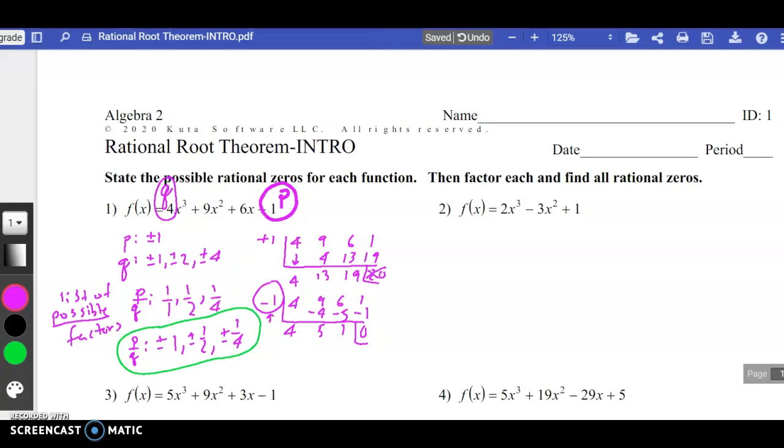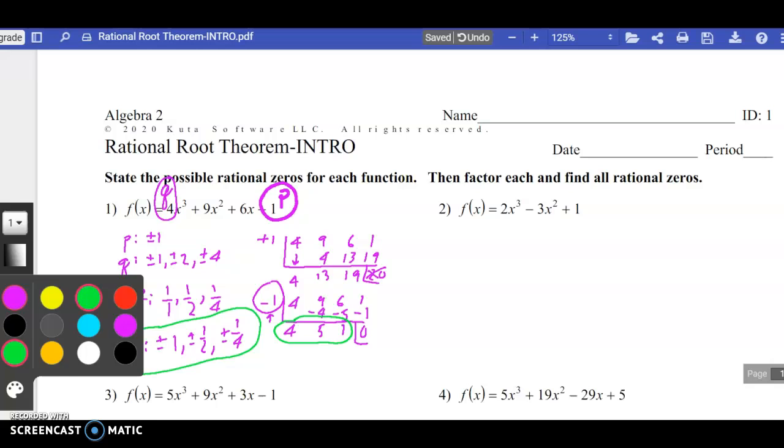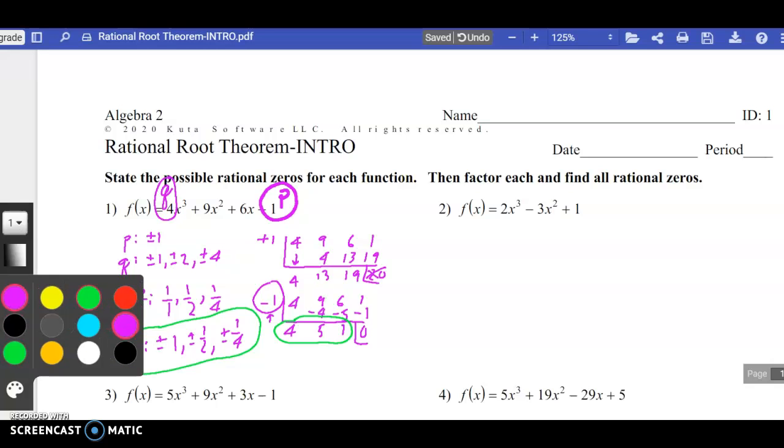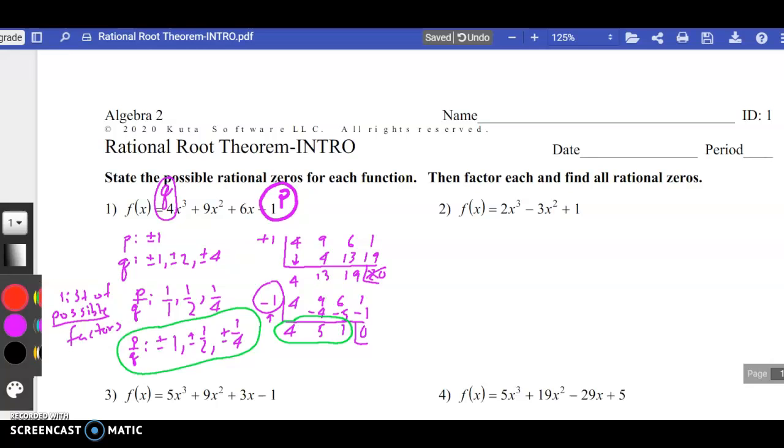I can now take these values 4, 5, and 1 and use them in synthetic division. Let me do that off to the side. Oh, I need more colors. 4, 5, 1.